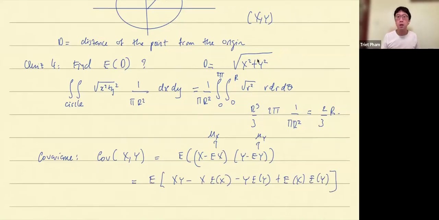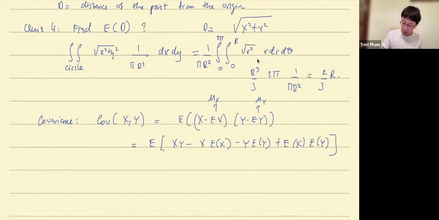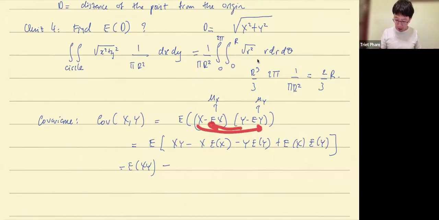And then you use linearity of expectation. Sorry, I'm wrong here, this is X E[Y] and then Y E[X].